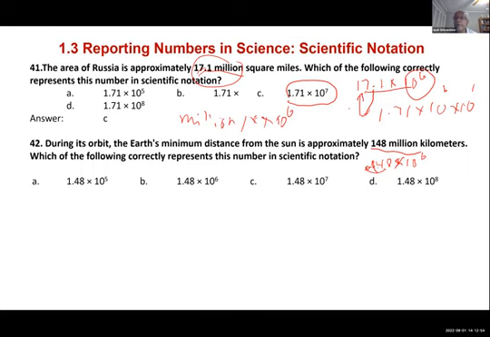Therefore it becomes 1.48 times 10 to the 6 plus 2, which is 10 to the 8.